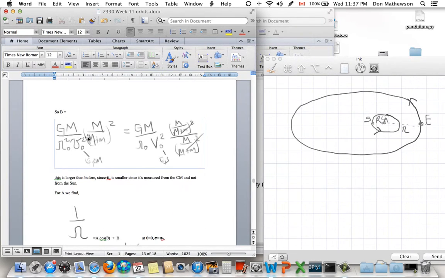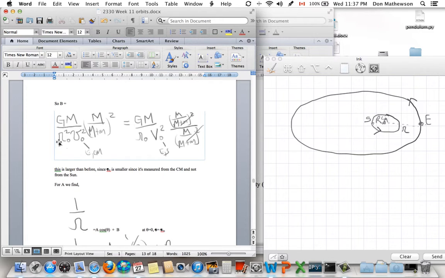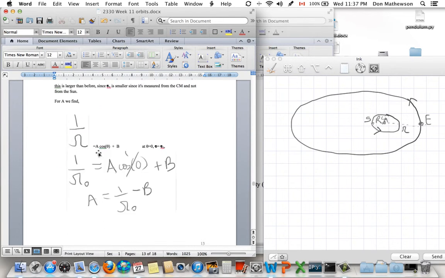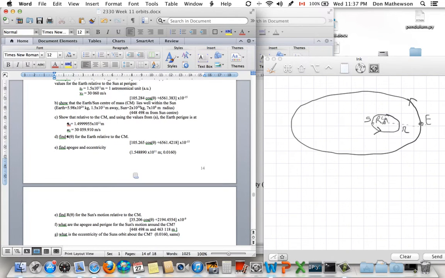This is the B constant for the two-body problem. So you first find R naught and V naught, and then find the B, and then you can find the A. So that'll give you the equation for the Earth's ellipse, and this is the answer that you should find. You could take the ratio of those two and find the eccentricity, and then just put in theta is pi and find the apogee distance.